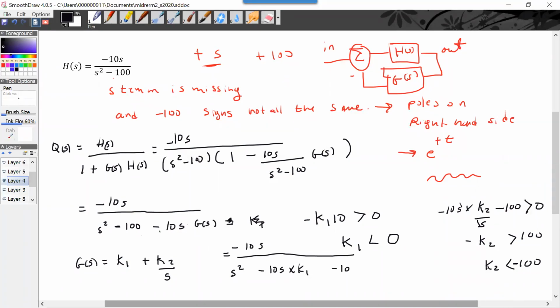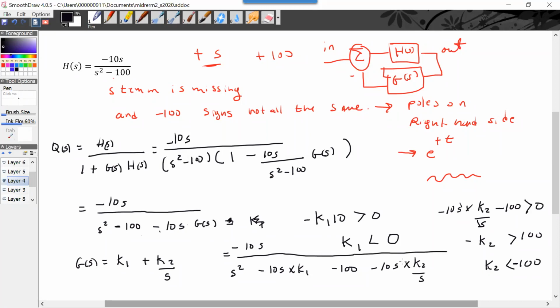Here I have minus 100 minus 10S times K2 divided by S. The S's cancel, so I have 10, right?